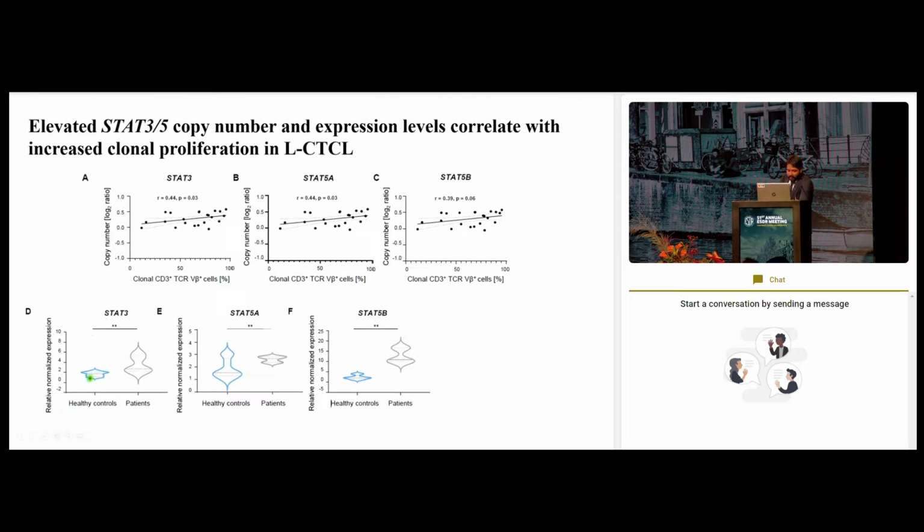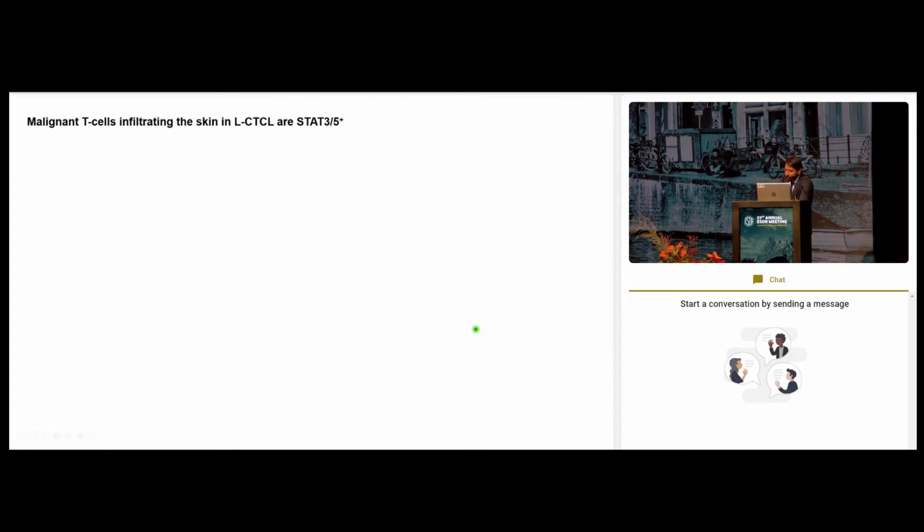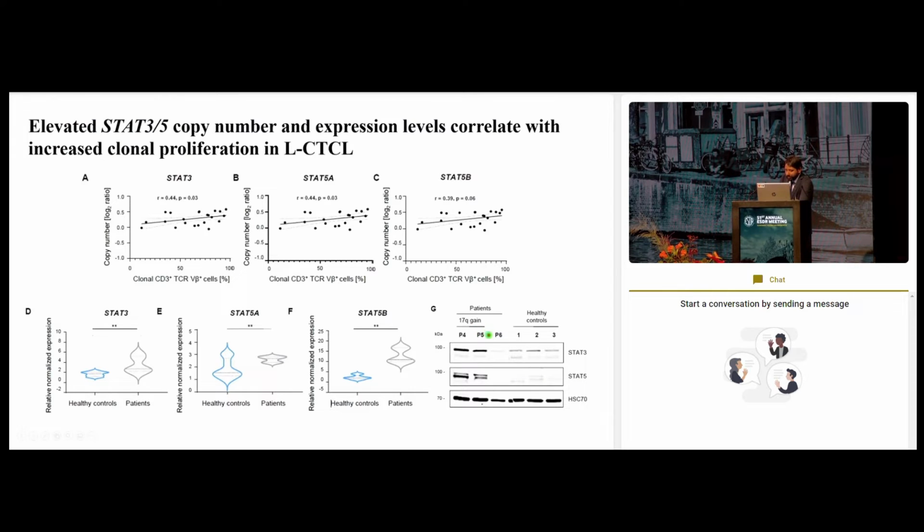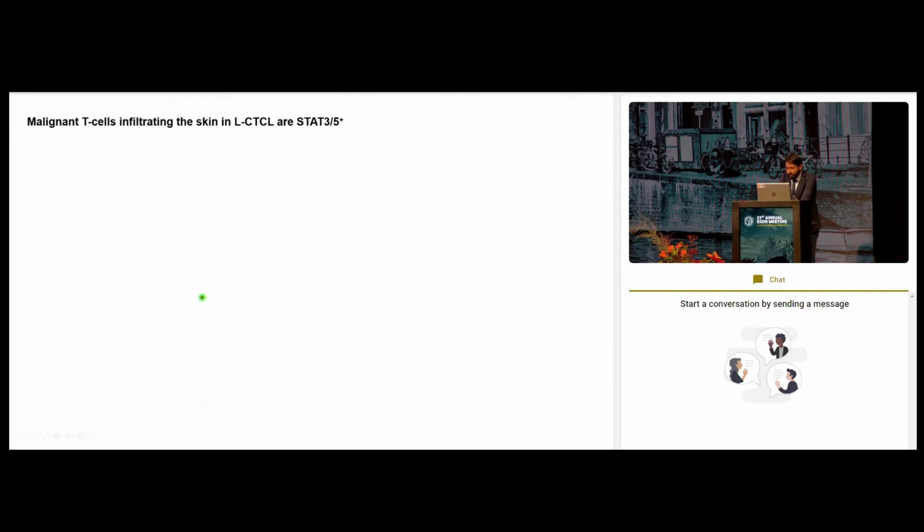Here is a clear picture from qPCR of healthy controls versus patients: at the mRNA level, there is a clear difference in STAT3 and STAT5AB levels compared to healthy controls. Here is a representative plot from two patients, patient 4 and patient 5, compared to patient 6, who doesn't have a gain. At the protein level, these patients also express a high amount of STAT3 and STAT5.